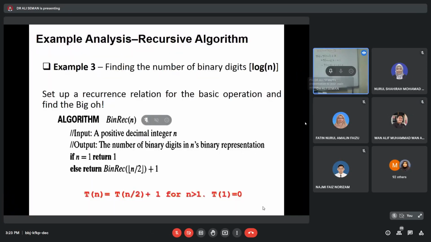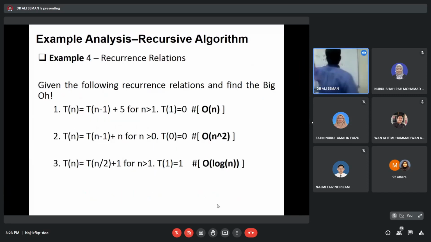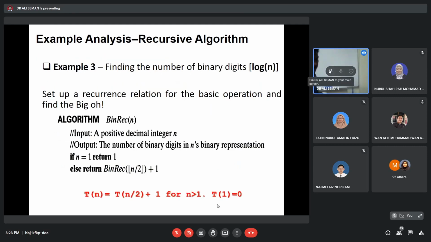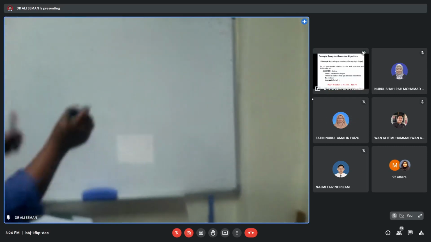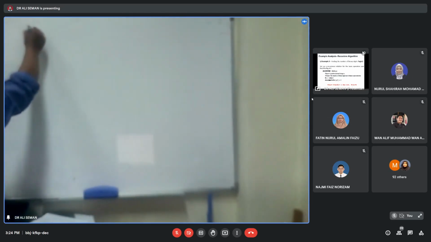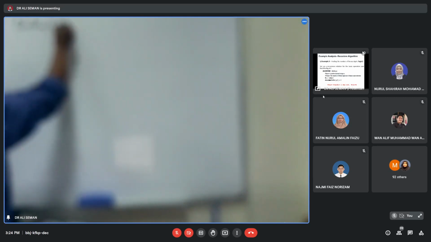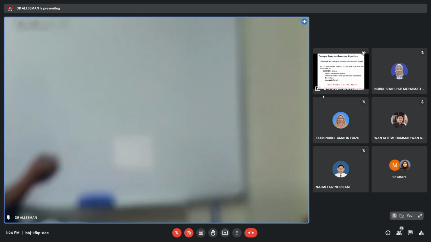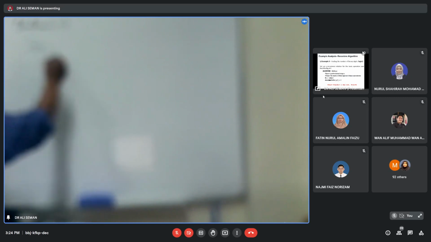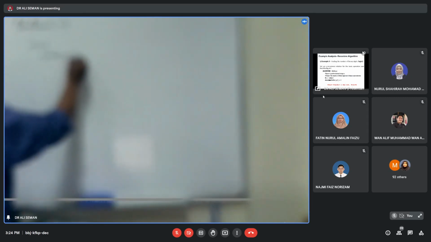Next, example number 3. This may be a bit tricky. Look at example number 3 here. We have the function called binary of n. If n equals 1, return 1.